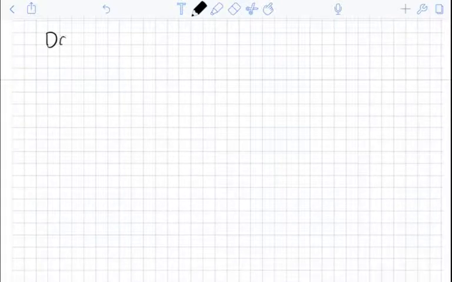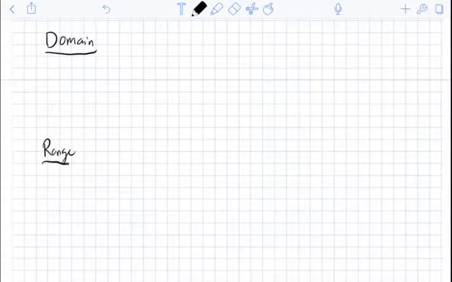Domain and range. Generally speaking, the domain of a function like that is any input.